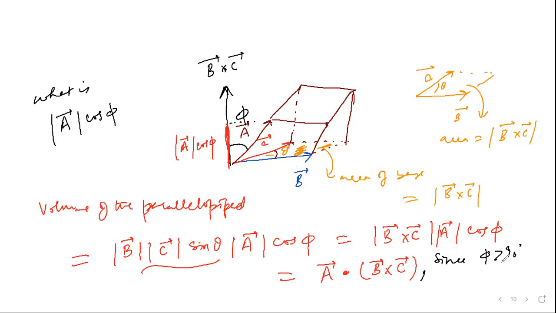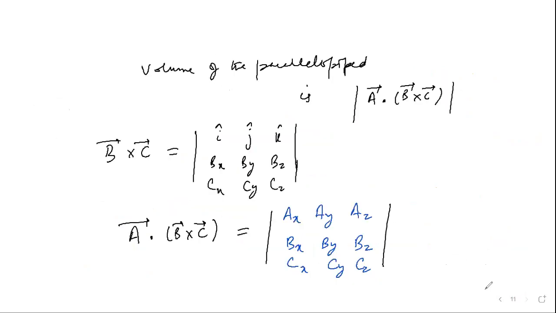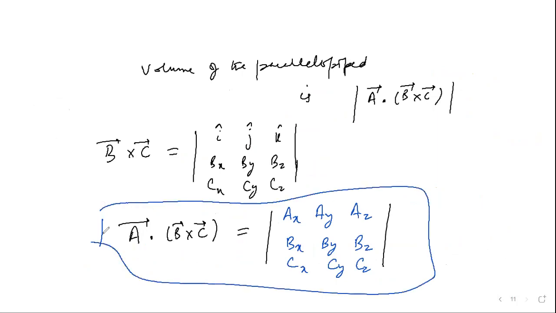And since phi can be greater than 90 degrees, this dot product can go negative, so it is appropriate to say that the volume of the parallelepiped is the modulus of this. In component form you can expand this triple scalar product using this determinant.